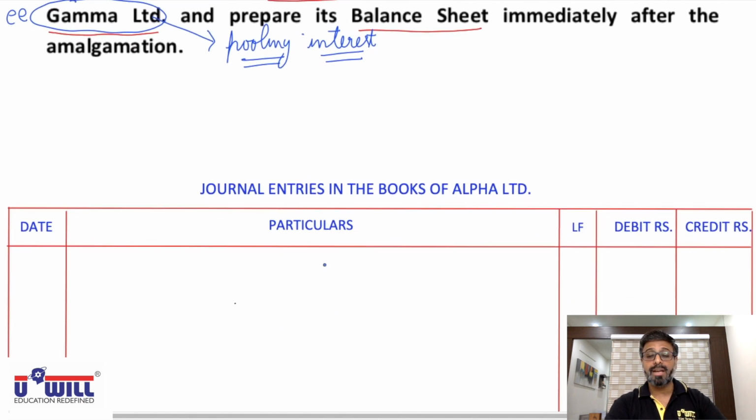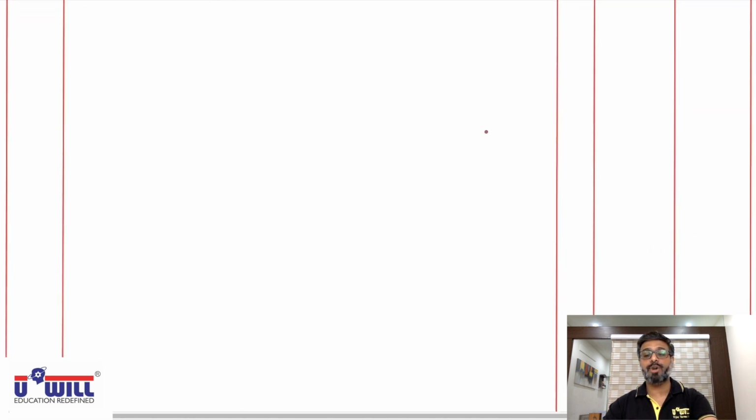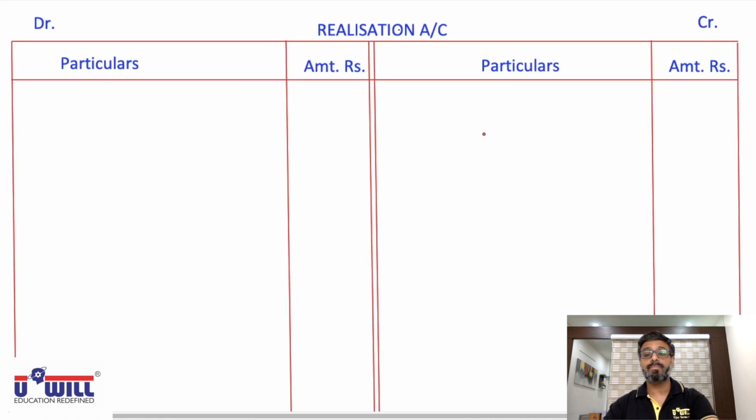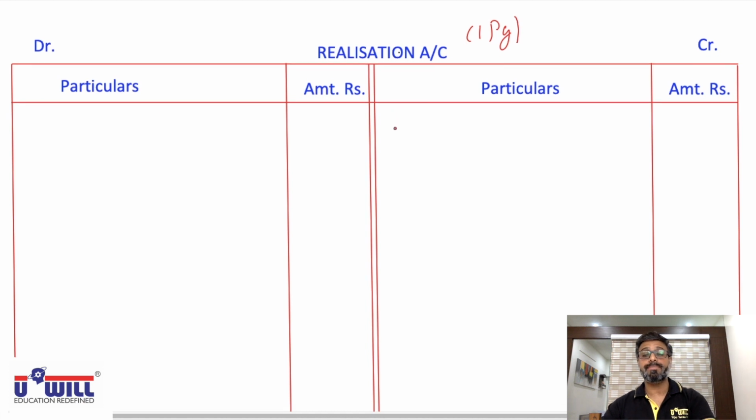First, make journal entries in the books of Alpha Limited format. Make the format of 1.5 page. Journal entries in the books of Alpha Limited 1.5 page format. Then realization account, make 1 page format. Realization is a normal ledger account with particulars and amount on both the sides.